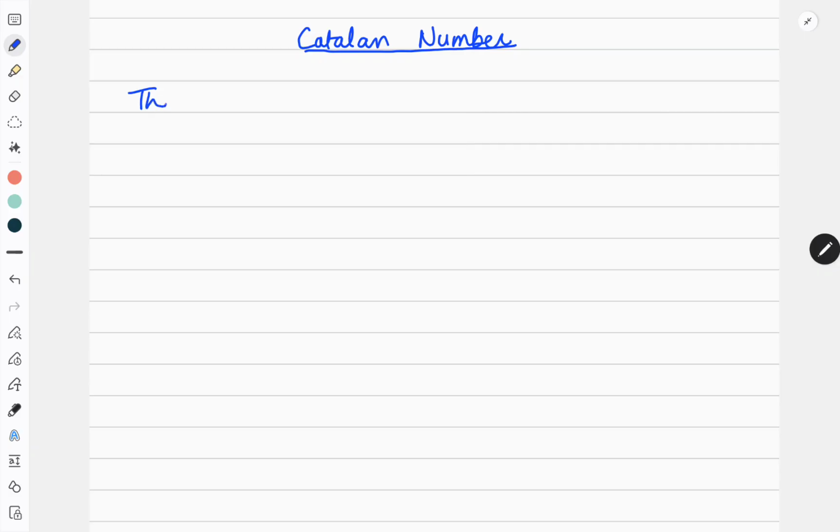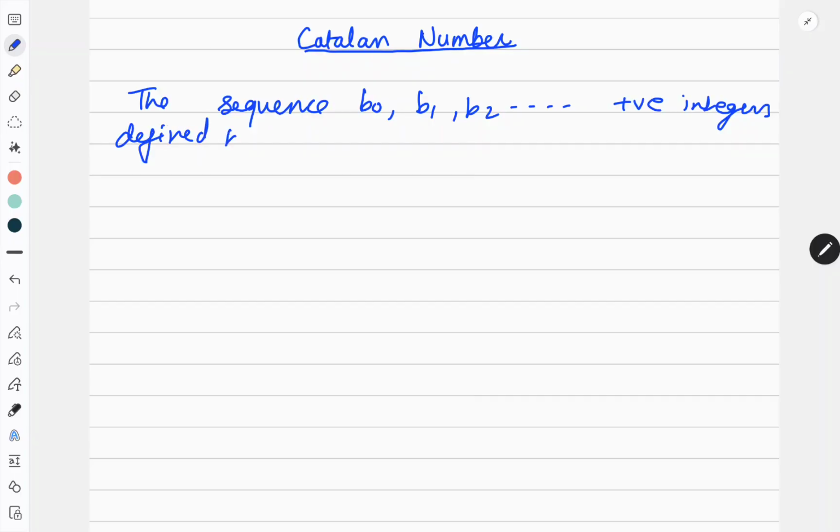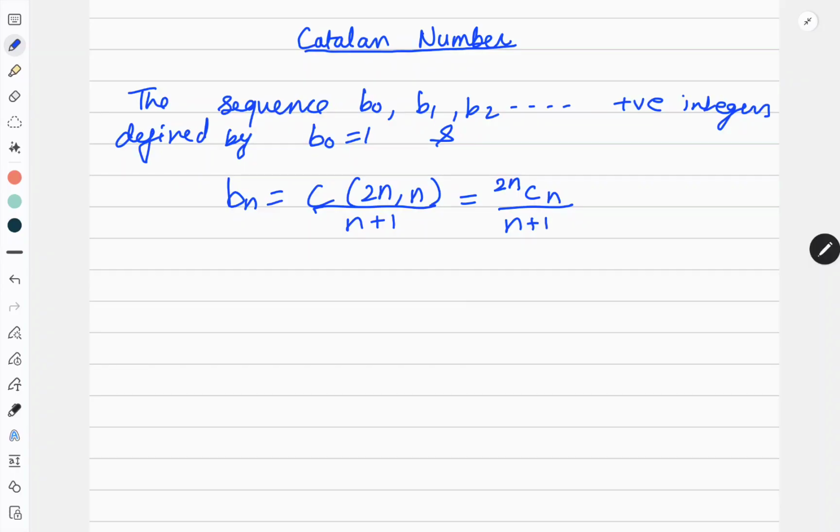Now the sequence B0, B1, B2, ... of positive integers defined by B0 is equal to 1 and Bn is equal to 2nCn upon n plus 1, which is also equal to 1 upon n plus 1 times 2nCn.